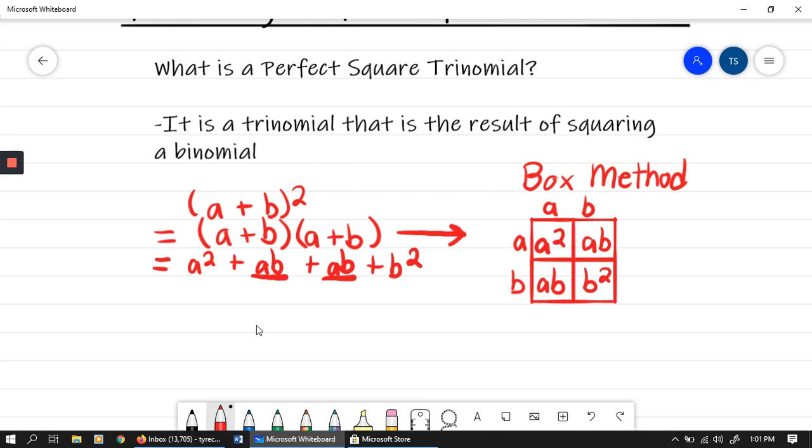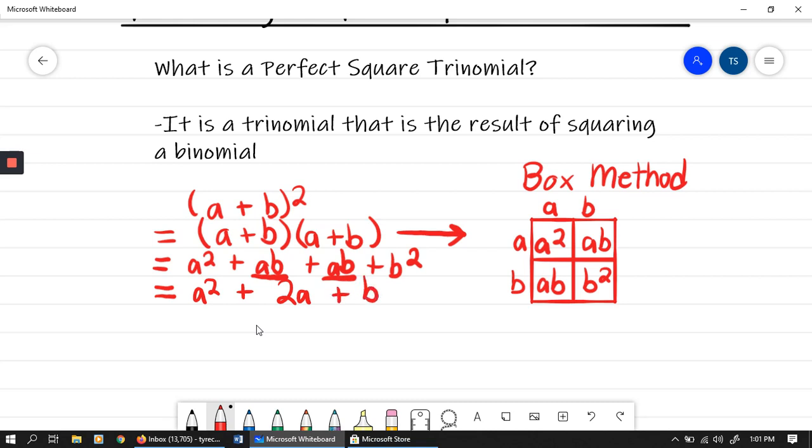Since they have the same variables with the same exponent, these two are like terms, so we can combine them. Adding the coefficients, 1 plus 1, it's going to wind up being 2ab. So that's going to look like a squared plus 2ab plus b squared.